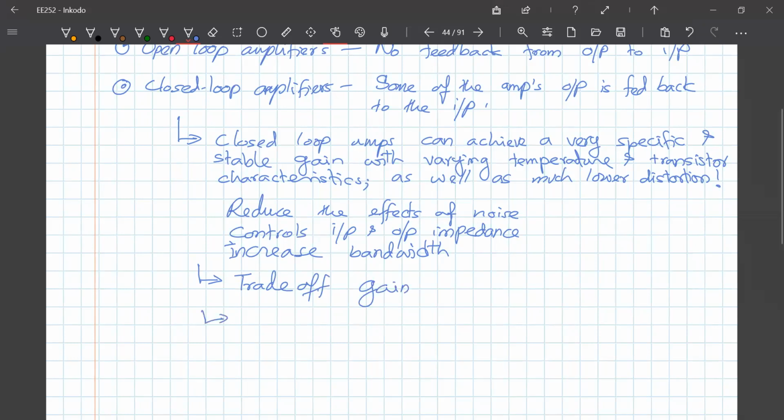Also, the analysis is more complicated. Okay, so that is the trade-off.